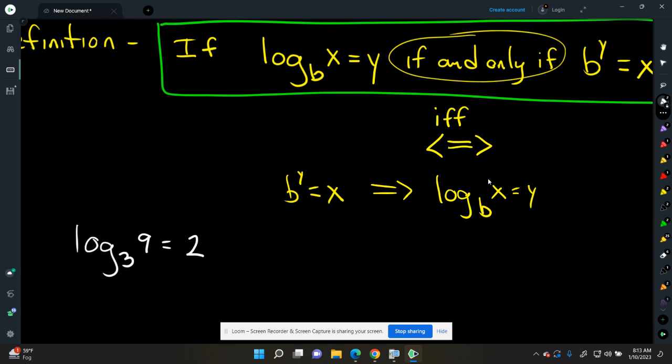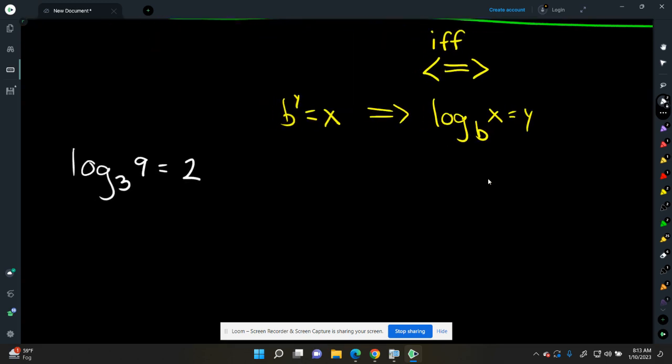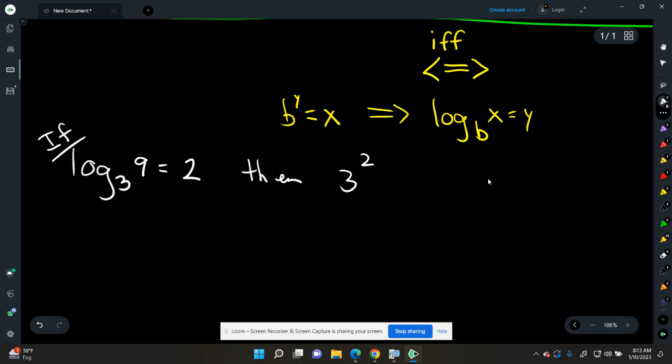How do I know that log base 3 of 9 equals 2? Well, I know that because according to the definition, if this is true, then 3 to the second is equal to 9. Well, does 3 to the second equal 9? Yes, it does. 3 to the second equals 9. Therefore, I know that log base 3 of 9 equals 2.